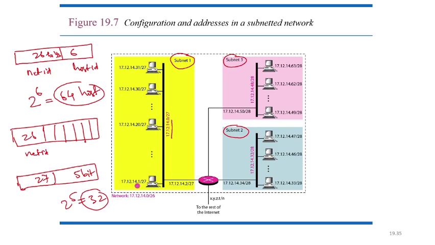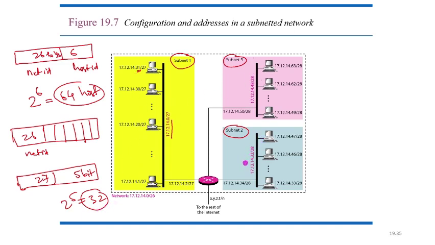The first one is 1, because 0 will be for the subnetwork address. Here 1 will be the first host, then second, third, fourth, likewise up to 31, because the first one is the subnetwork 1 address. So total 32 addresses are possible here.